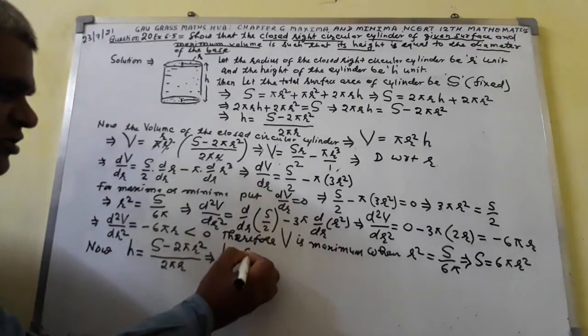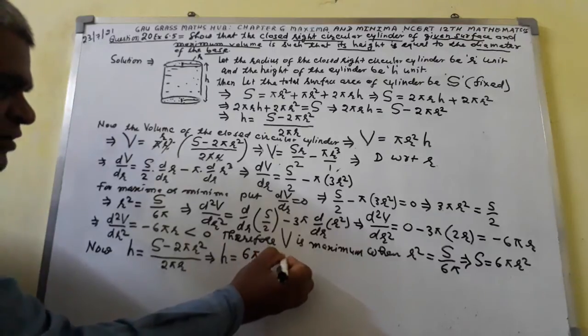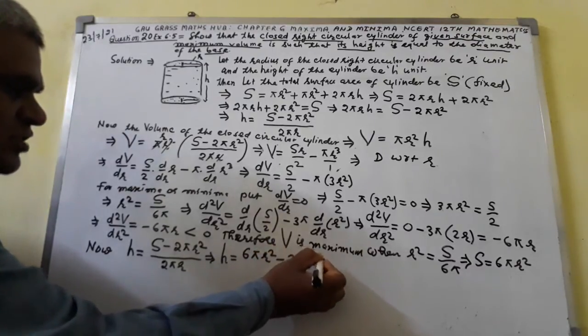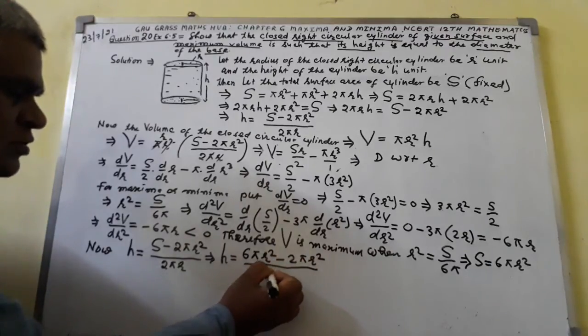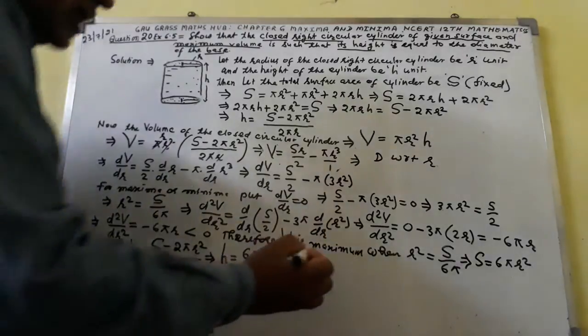So write 6 pi r square minus 2 pi r square, whole over 2 pi r.